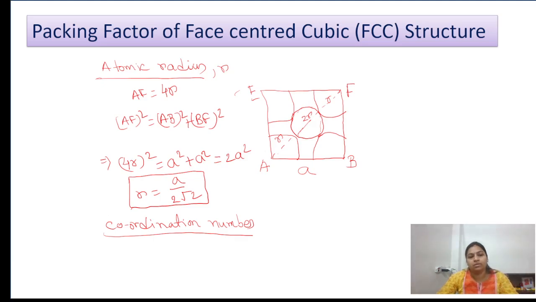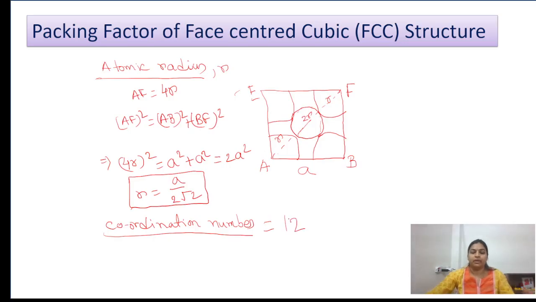Any corner atom has four such atoms in one plane, 4 in the plane above it, and 4 in the plane below it. So the total coordination number will be 12.